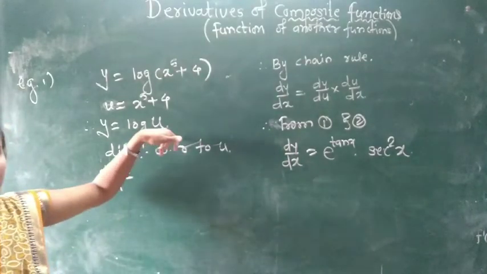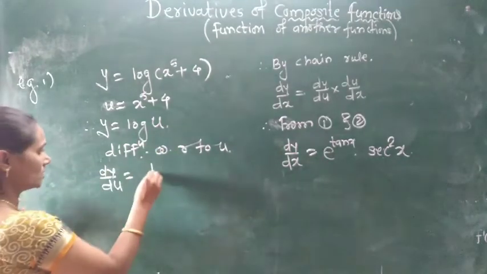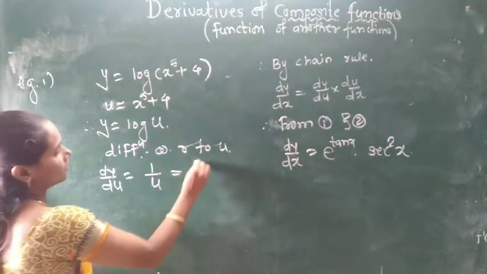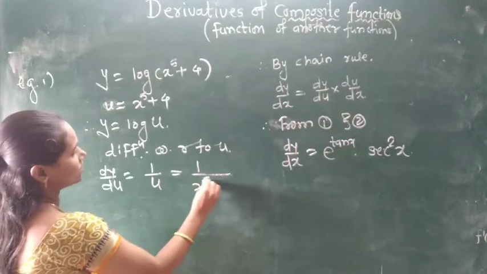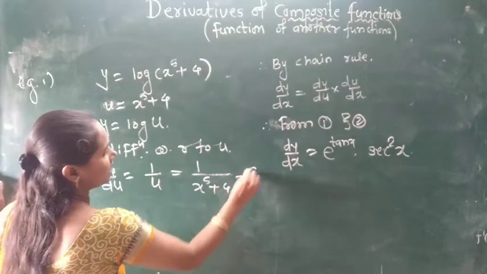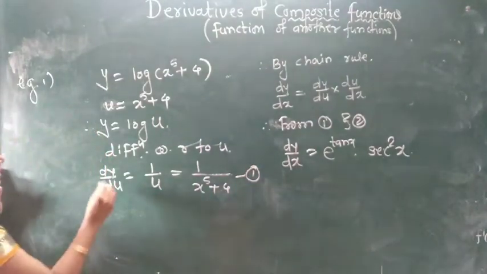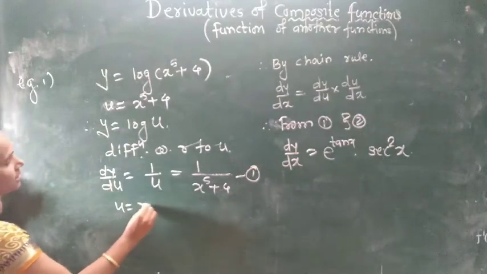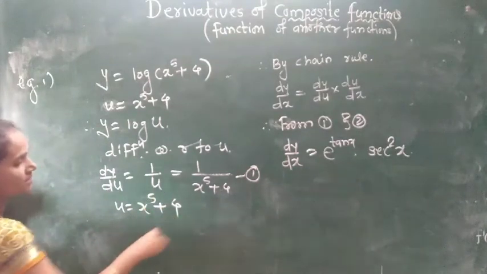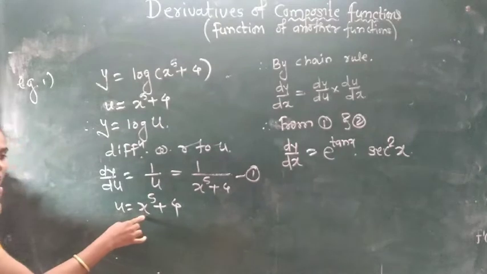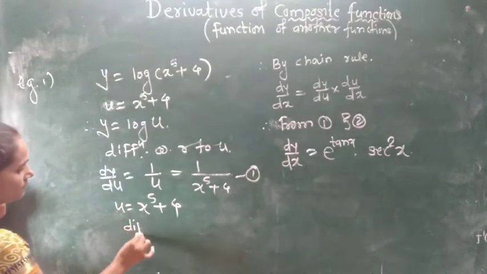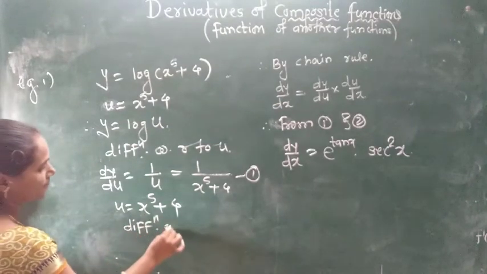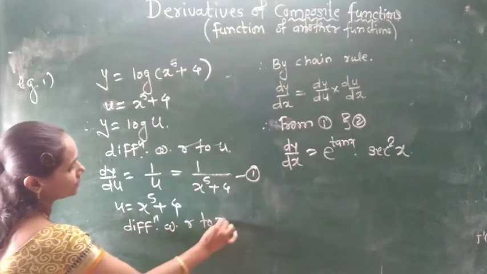so the derivative of log u is 1 upon u. And what is u? x raised to 5 plus 4. Call this equation number 1. Now u is a function of x, so differentiate with respect to x.